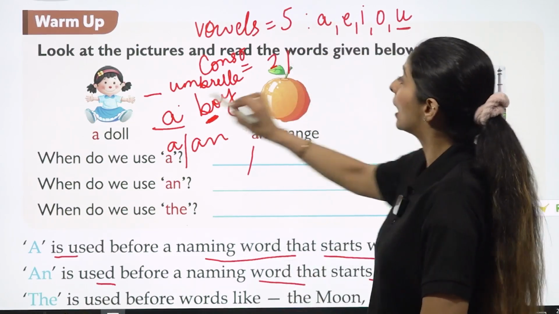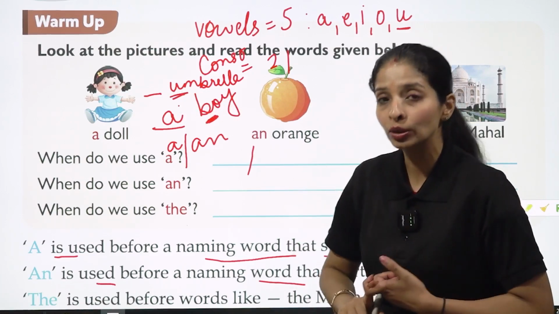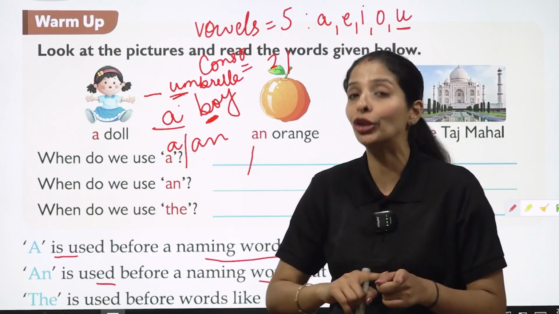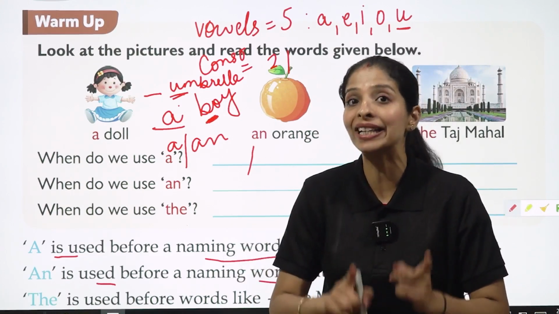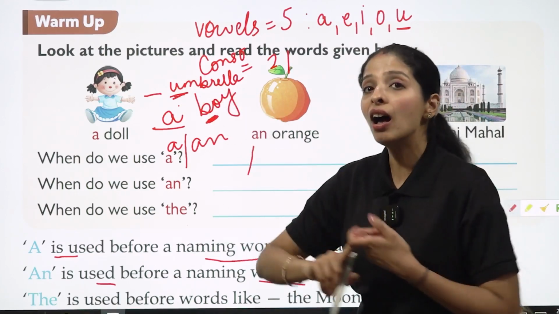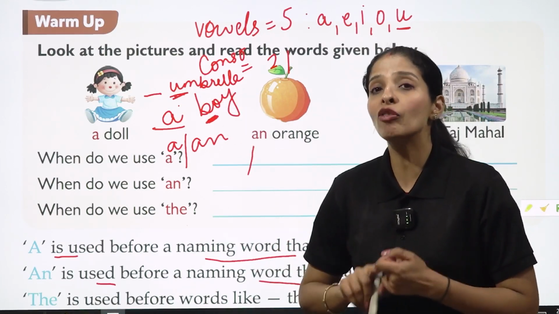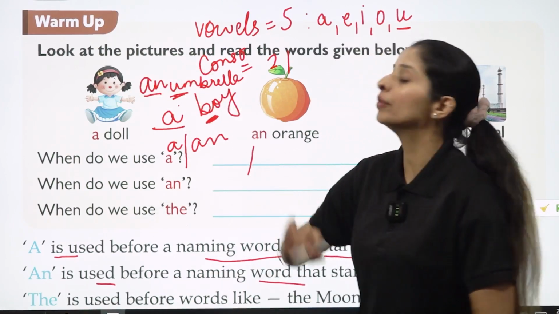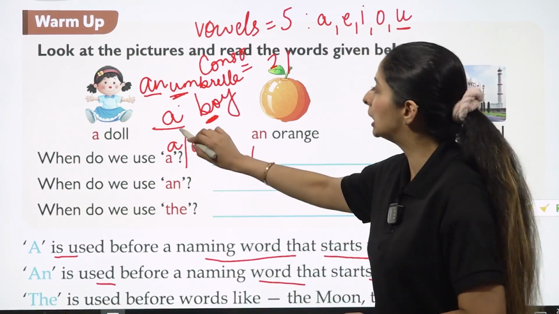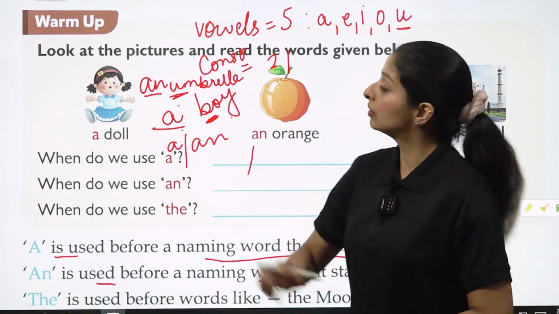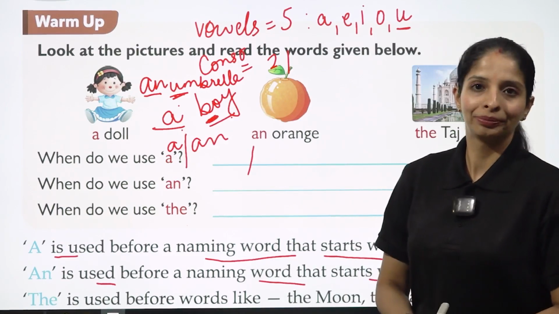Umbrella starts with U. Before a naming word, as I told you, we write articles, right? So, U is a consonant or vowel? Vowel. So, we'll write an umbrella and a boy.